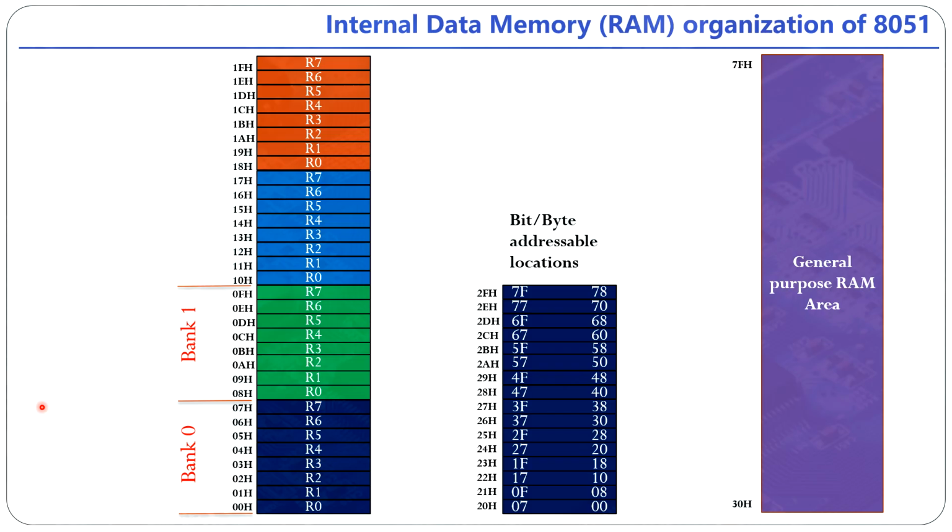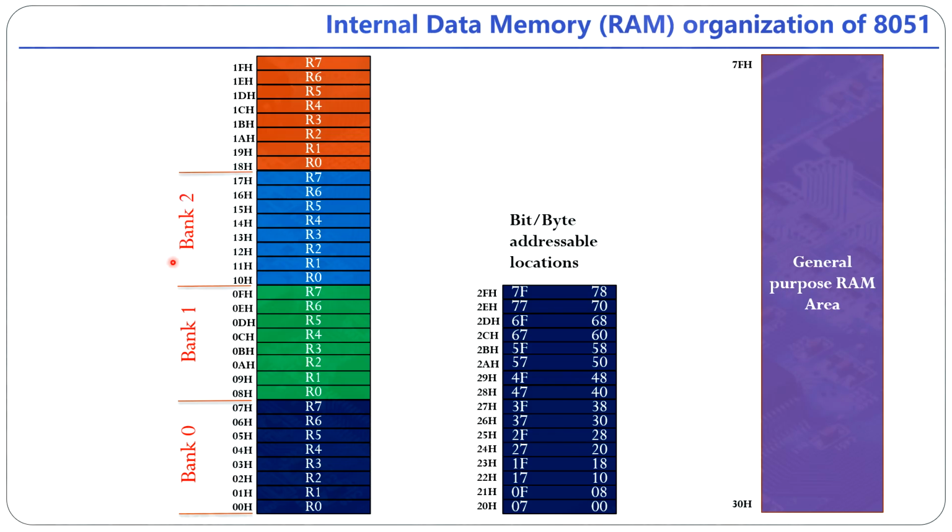Now we can divide bank 1. Bank 1 starts from 08H to 0FH. In these areas, only 8 locations are given in bank 1, and also here 8 locations are given for bank 0.